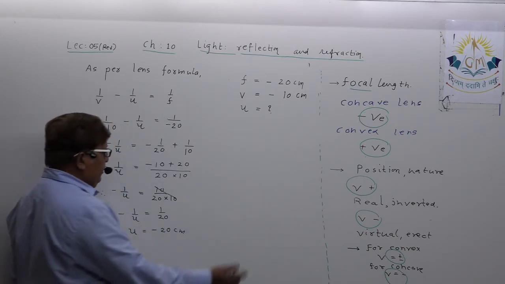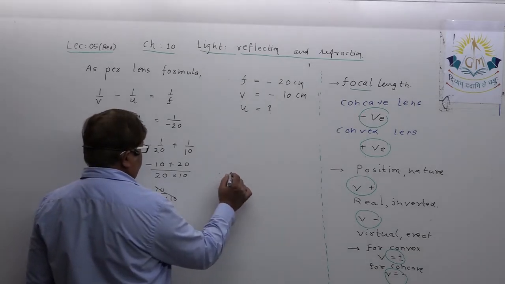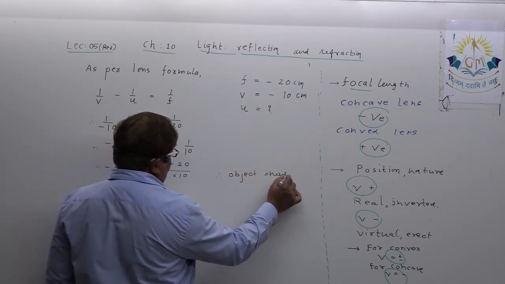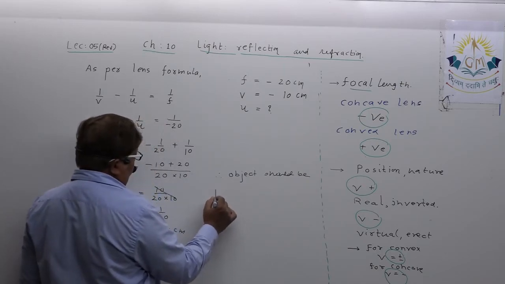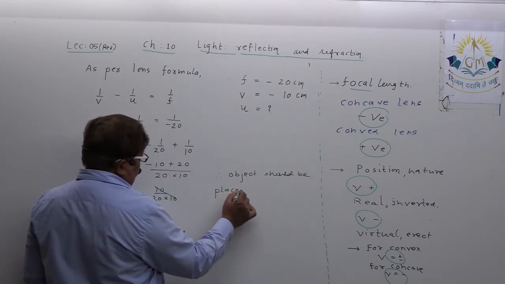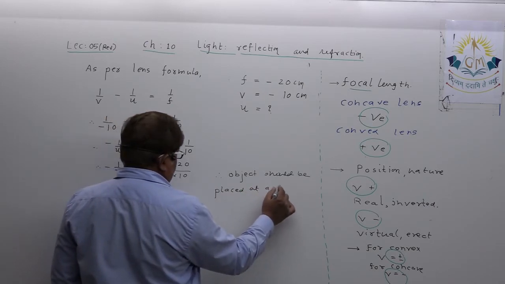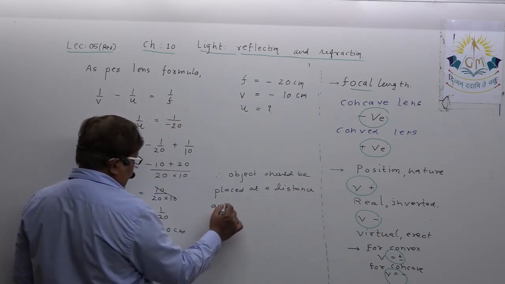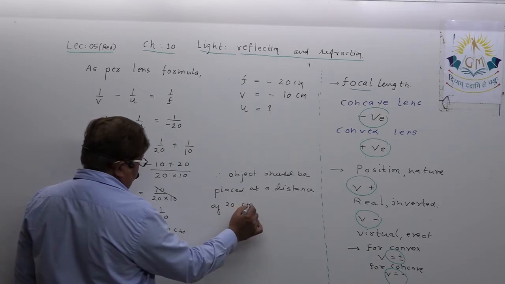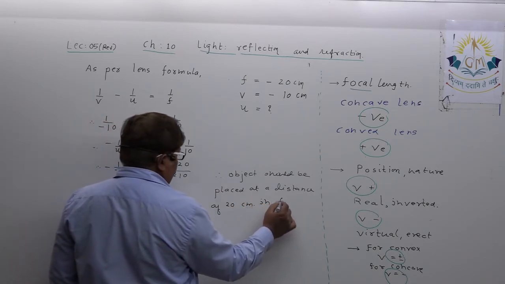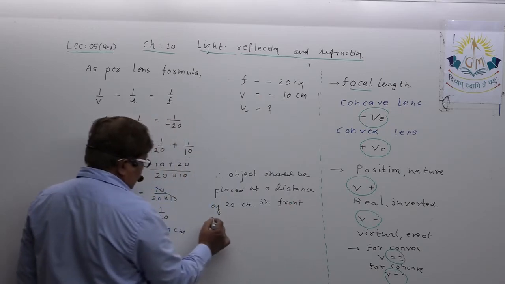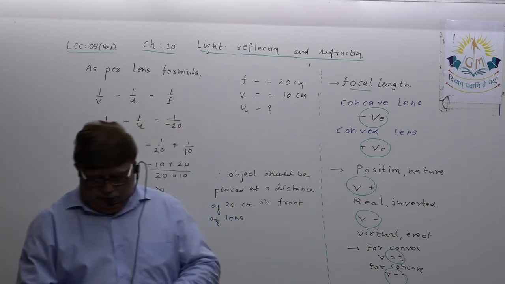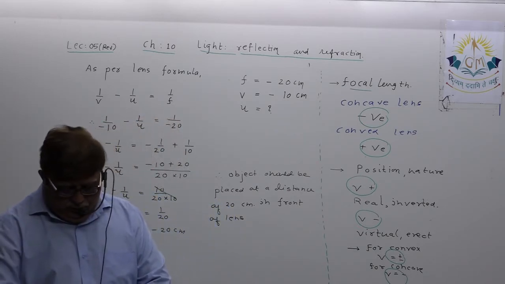The final statement you will write: therefore, the object should be placed at a distance of 20 centimeter in front of the lens. Okay, this is an example, dear student, from your PDF.